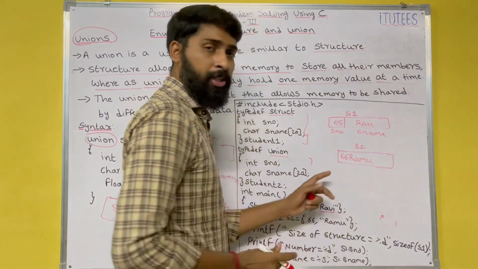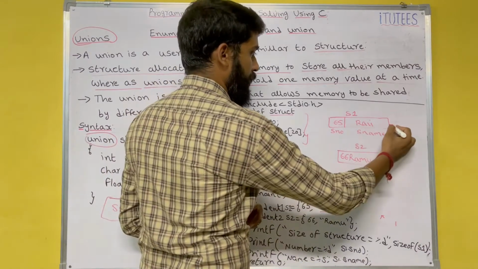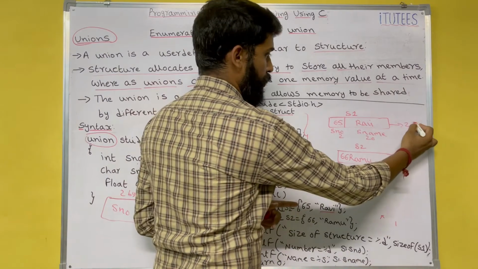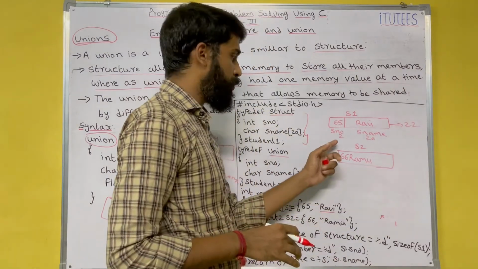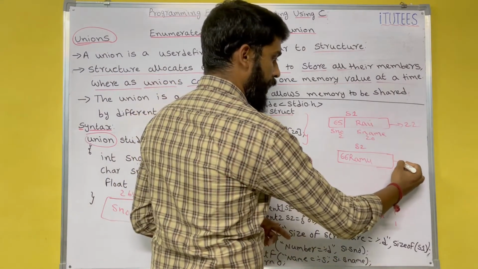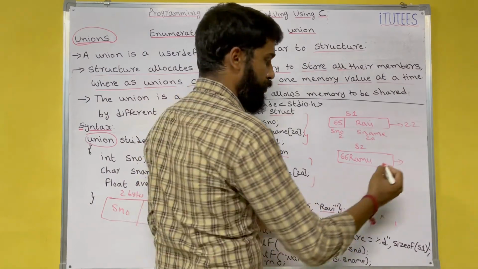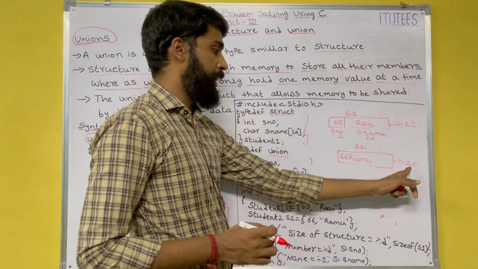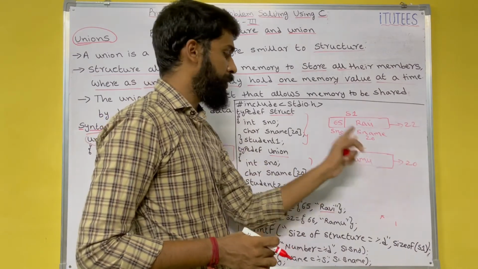So both share the memory. What is the size of S1? 2 bytes plus 20 bytes, 22 bytes. If integer is 4 bytes, then it is 24. And for the union S2, the highest memory is 20 bytes, so it allocates 20 bytes of memory to S2.